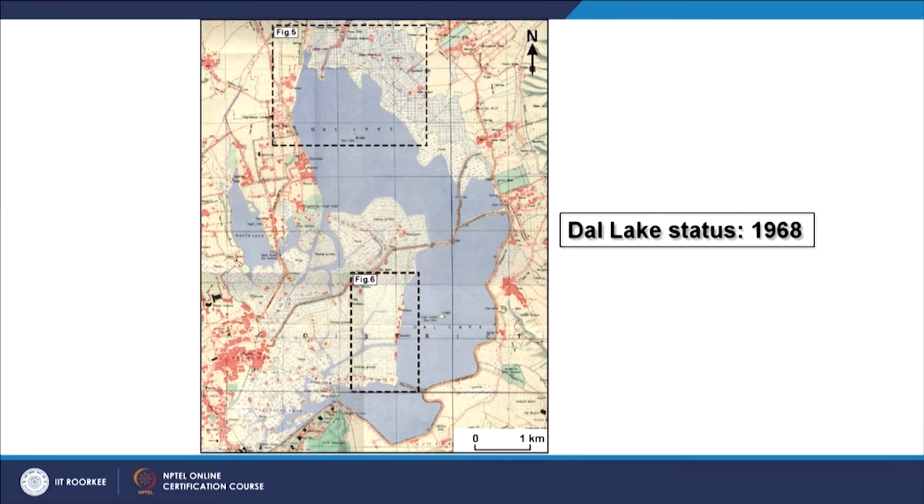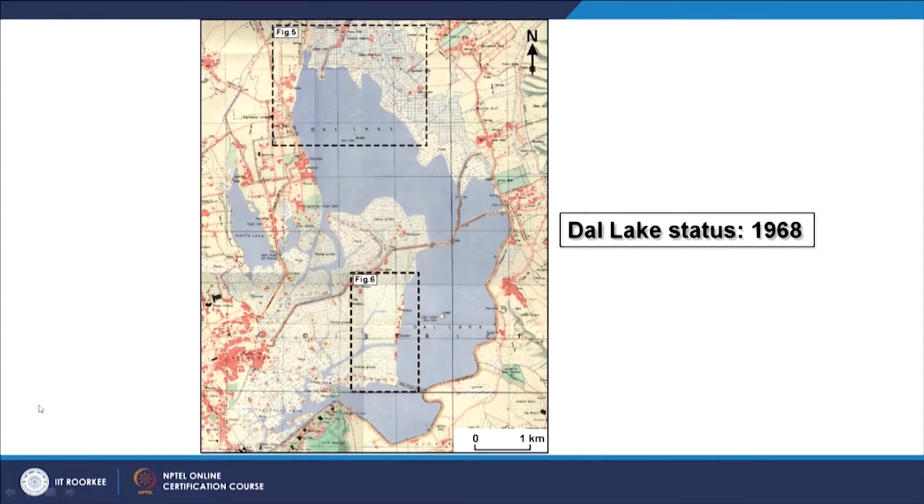In that project we wanted to restore this Dal Lake, and one more small lake, called Nagin Lake. So, we wanted to restore the shape and water quality of these two lakes.